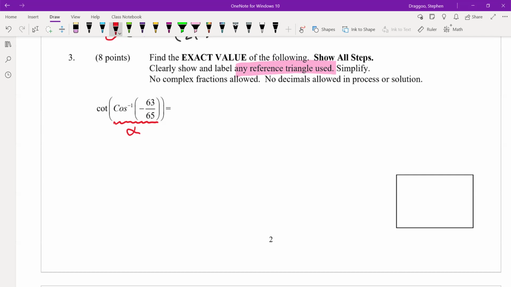The answer to any inverse trig function, if it exists, is always an angle. So I'm really looking to calculate the cotangent of some angle. And I know that cotangent is going to be adjacent over opposite.